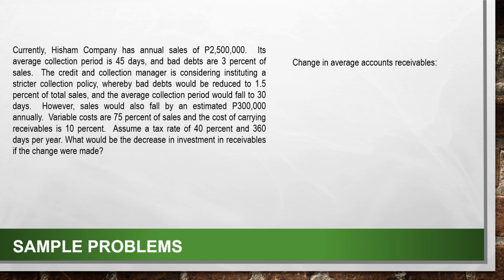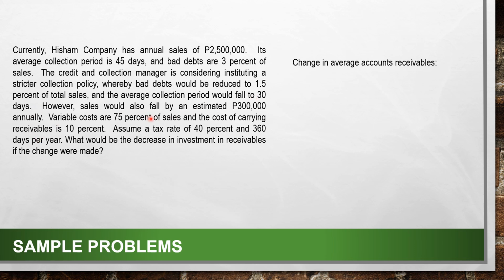The credit and collection manager is considering instituting a stricter collection policy whereby bad debts would be reduced to 1.5% of total sales and the average collection period would fall to 30 days. So, meaning from 45 days, we make it 30 days, and from 3% bad debt, we want only 1.5%.